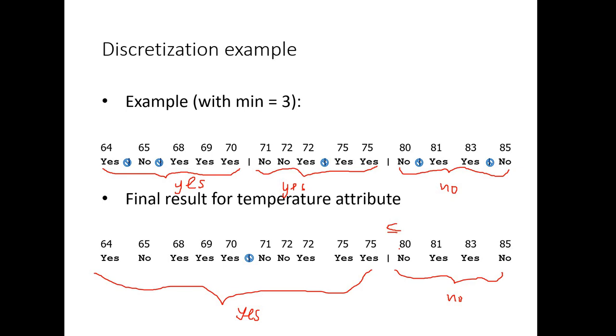What is the middle point? 77.5. It's the middle value. So we say if the temperature value is less than 77.5, then it is yes. If it is greater than 77.5, we say it's no.